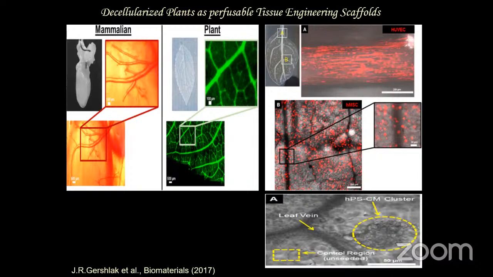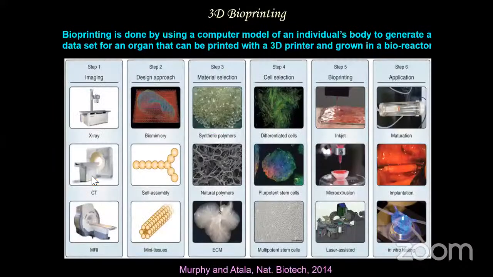And now the present era is the era of tissue engineering. So not only using the strategy that I discussed, one can print the organ of interest. For that, one has to first image the organ that one is interested in, either X-ray, CT scan, or MRI. Then you have to have the CAD or computerized approach for how exactly you have to design.